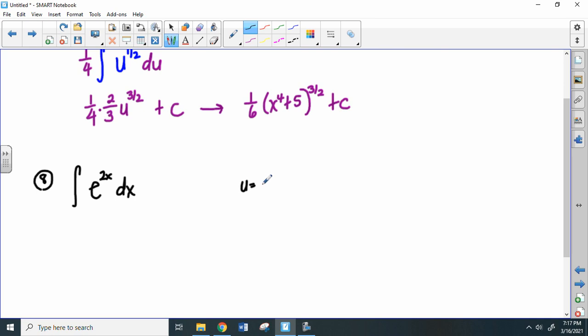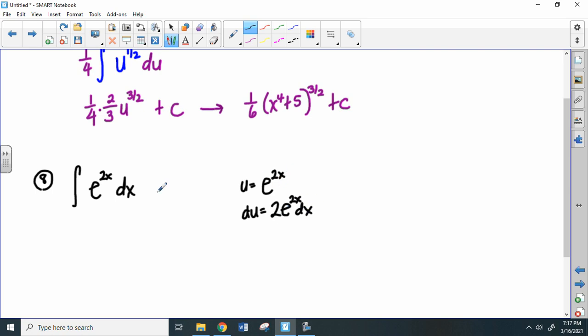The reason I need u substitution is because it's e raised to more than just x. Now, if I take the entire function, e to the 2x, then the derivative is another e to the 2x times a 2.